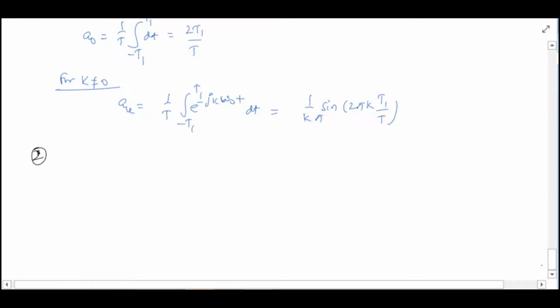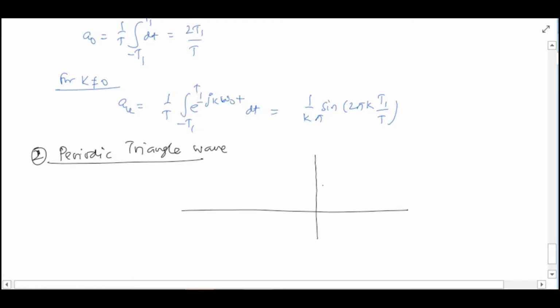So a wave consisting of triangular pulses. It's called a periodic triangle wave. It looks as follows. The height of the triangular pulse is 0.5. On the other hand, its period is 1.